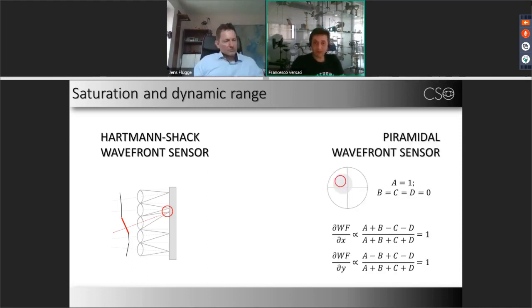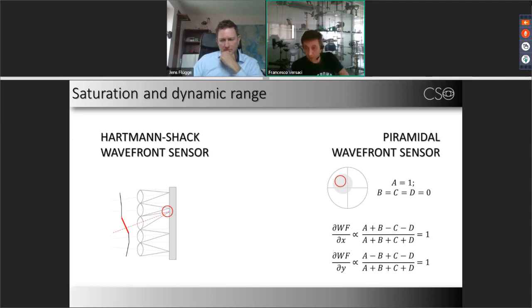We have something similar that happens in the pyramidal wavefront sensor when we have some part of the wavefront, some local tilt, that is so strong and so high that all the energy falls in one single quadrant of the pyramid.